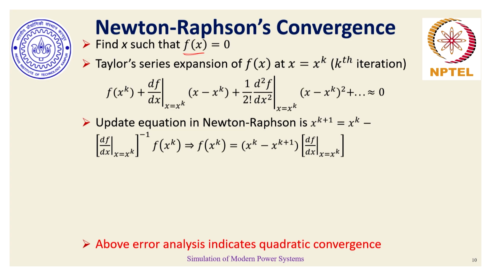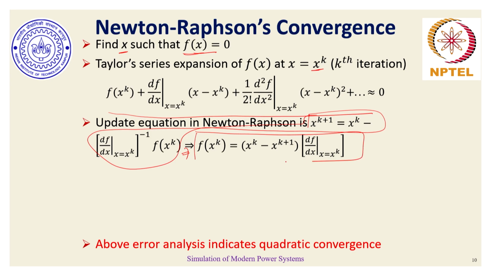Through the Newton-Raphson method, our objective is to find x for which f of x is 0, for which we use this Taylor series expansion. We ignore the higher order terms based on a good choice of the initial estimate, and eventually we get this as our update equation in the Newton-Raphson method, which can again be rewritten in this particular form.